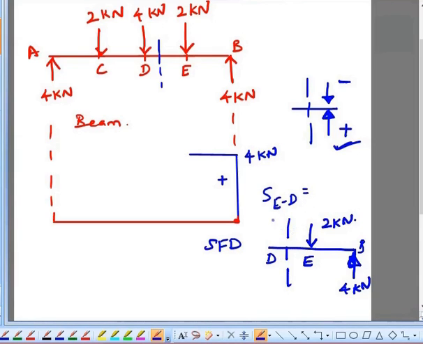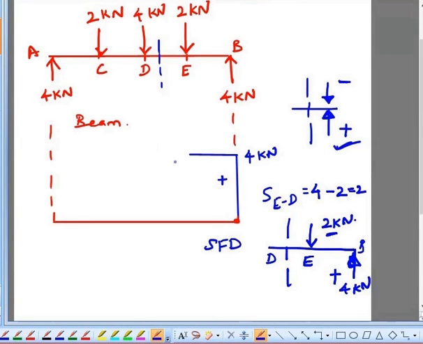So to the right of this section, you are having two forces, one in the downward direction and another in the upward direction. So this is upward, I can take this as a positive, and this is downward, I can take it as negative. So 4 minus 2, this will be giving you 2 kilonewton.